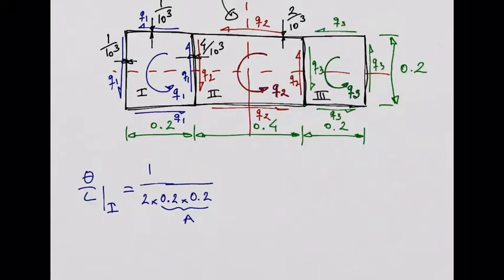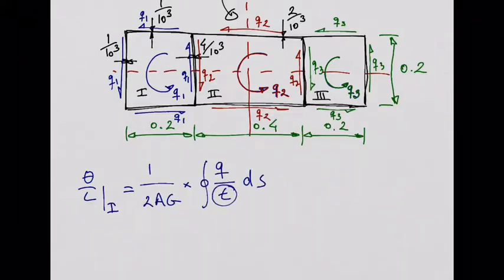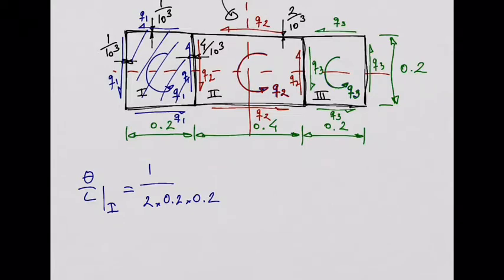I just deleted the equation, I had it just before. Let me see if I can recover that equation. Redo is not working. Okay, so 2 times, now the area is 0.2 times 0.2, agree? So it's the area of this cell 1.